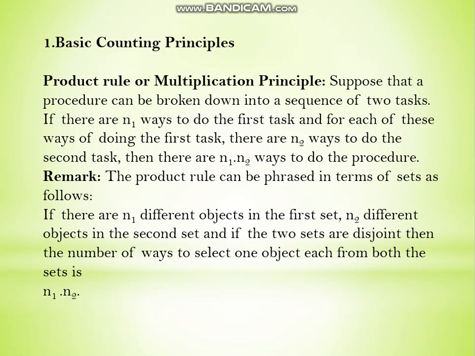Remark: the product rule can be phrased in terms of sets as follows. If there are n1 different objects in the first set, n2 different objects in the second set, and if the two sets are disjoint, then the number of ways to select one object each from both the sets is n1 into n2. Suppose we have n1 red colored balls and n2 black colored balls, and you want to select two balls, one red and one black.